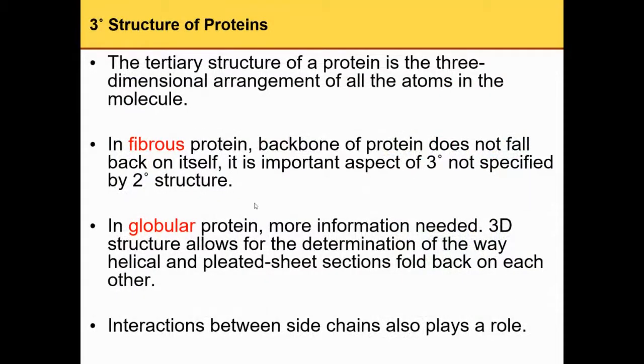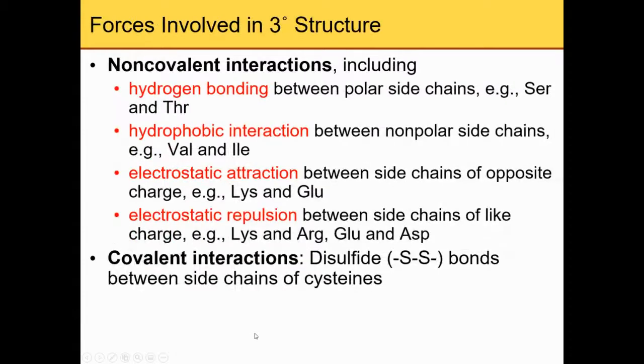And the tertiary structure of a protein is the three-dimensional arrangement of all atoms in the molecule. In a fibrous protein, the backbone of the protein does not fold back on itself. It's an important aspect of tertiary structure not specified by the secondary structure. The interactions between the side chains play an important role.